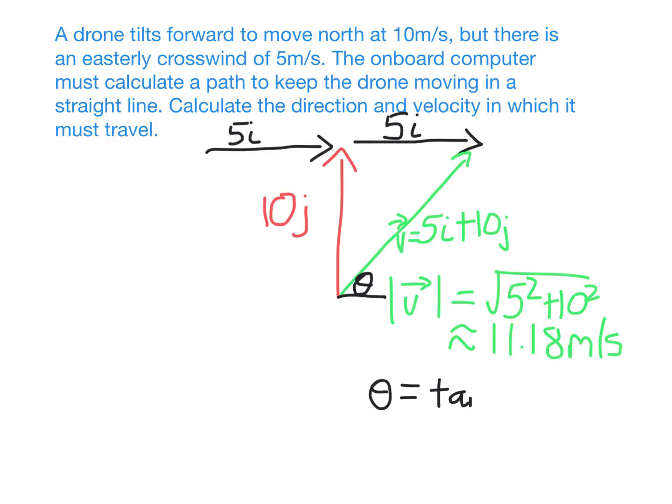It's always tan inverse of b over a, where b is the j component and a is the i component. So if we put that in our calculator, we get about 63.4 degrees. So that tells us that under these conditions, as stipulated in the question, the drone would travel in the direction 63.4 degrees.